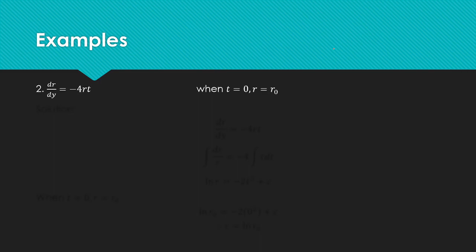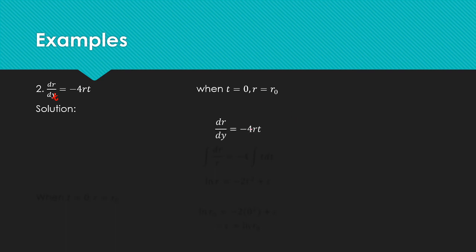Another example, we have dr over dt. Oh, mali to, dt. Yan. So, dr over dt is equal to negative 4rt. So, when t is equal to 0 daw, r is equal to r sub o. Una na muna natin gawin, syempre, find the general solution muna.